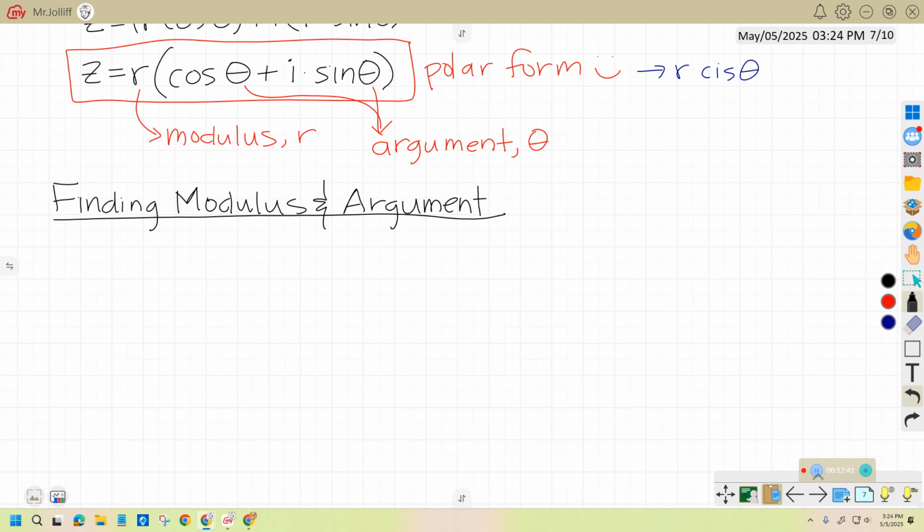If I have a complex number z equals x plus iy, how do I find r and theta? So I'll draw a picture off to the side so we can get a visual.